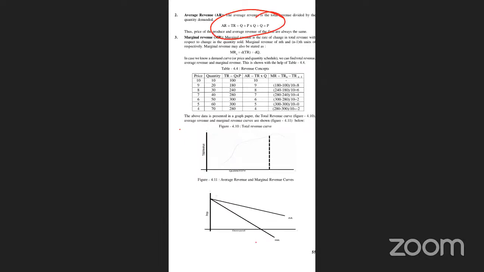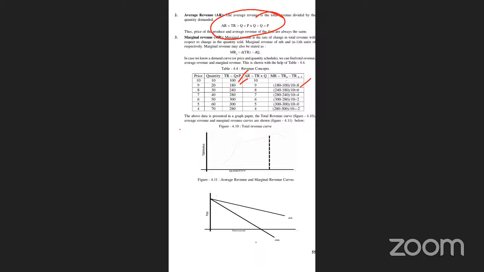Okay, then marginal revenue is simply TR minus TR at n minus 1. This is 180 minus 100, the above one, divided by 10, which is 8.